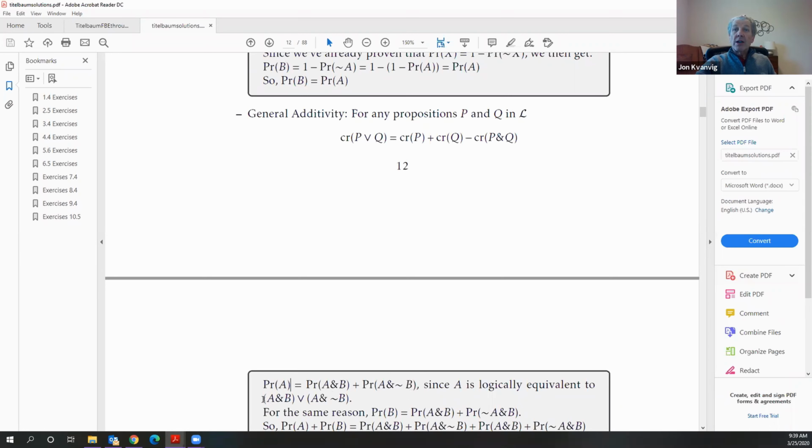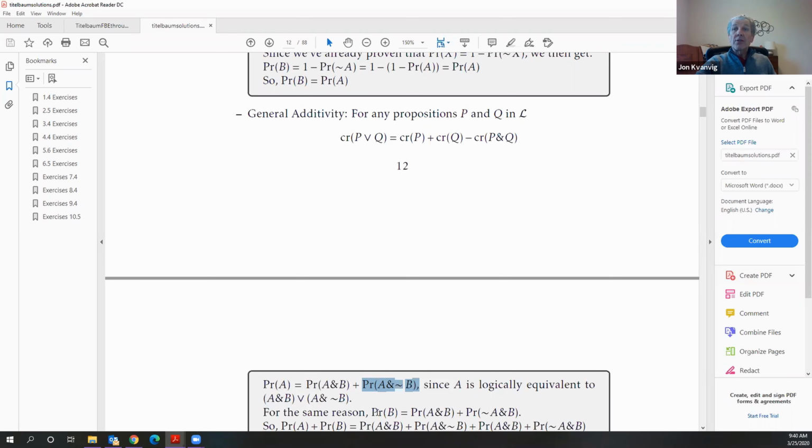Okay, so we start out with the expansion, and then we note that the disjunctions here are exclusive disjunctions. So we can get the probability of A just by summing the probability of the first disjunct plus the probability of the second disjunct.